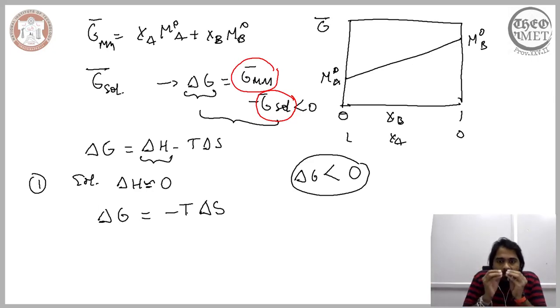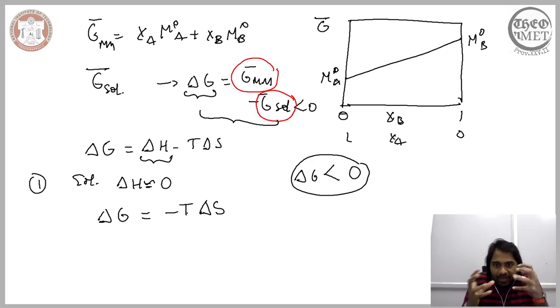The free energy for the mechanical mixture is linear and for the solution is non-linear. Now, we are considering a state wherein the solution is more stable than the mechanical mixture. So even though initially you form a mechanical mixture, since the solution is of a lower free energy, the mechanical mixture is getting transformed to the solution.